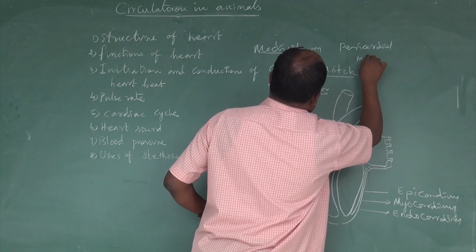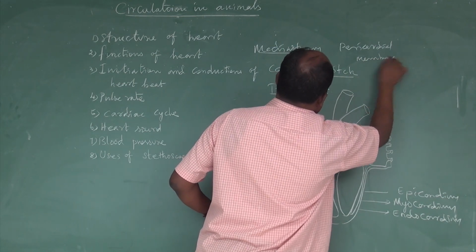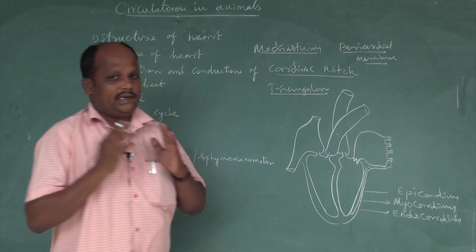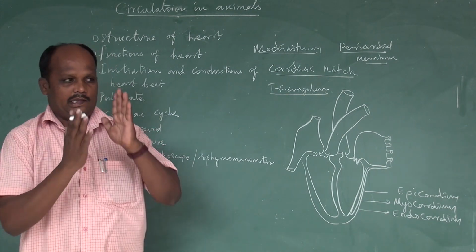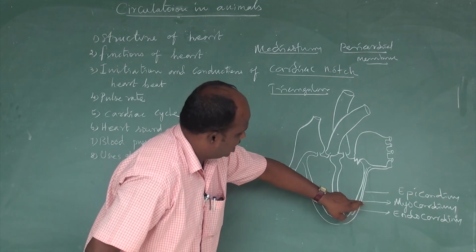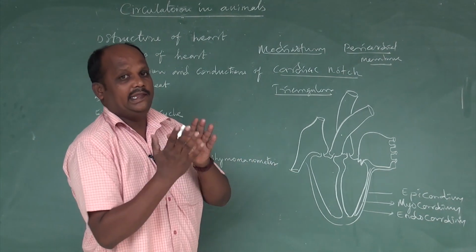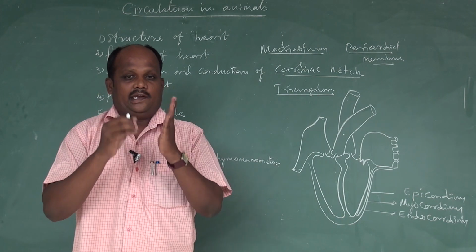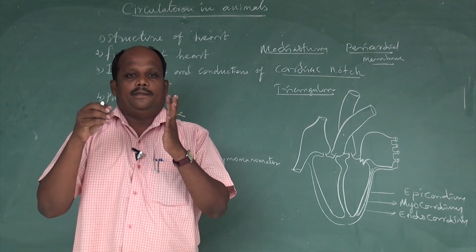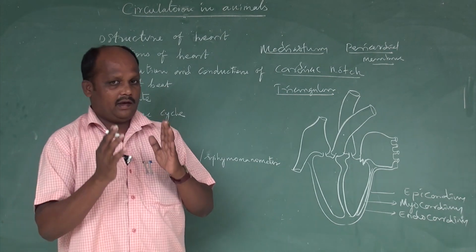The heart is made up of cardiac muscles. Between the cardiac muscle and the three membranes there is a space, and that space is filled with pericardial fluid.